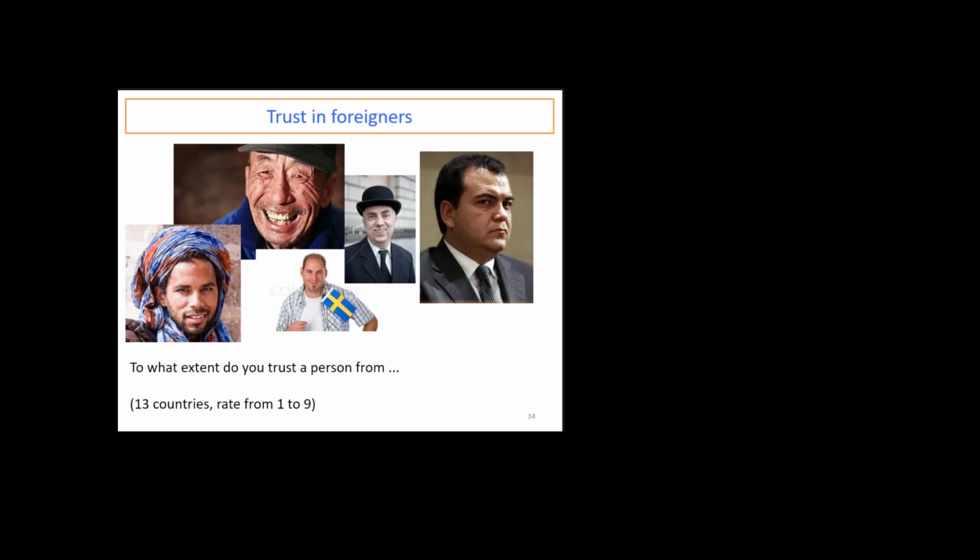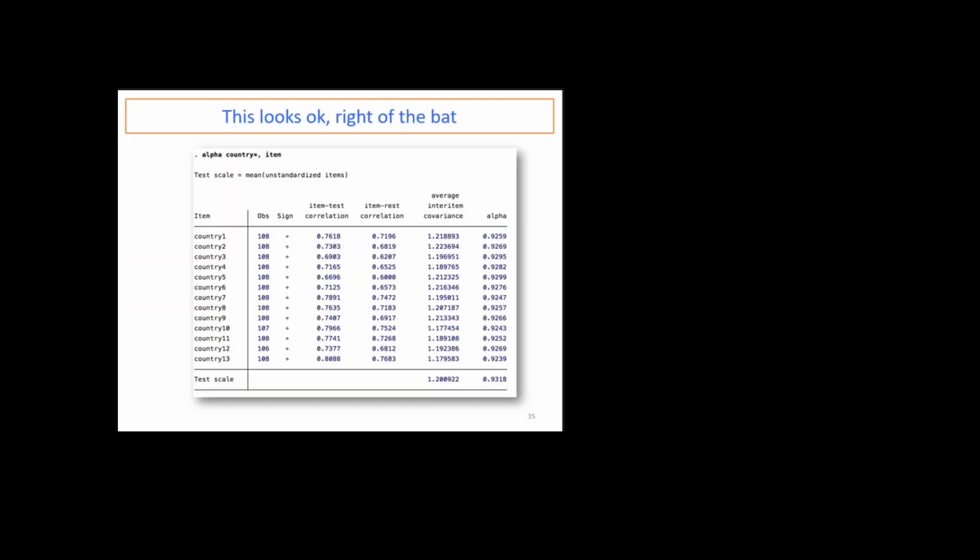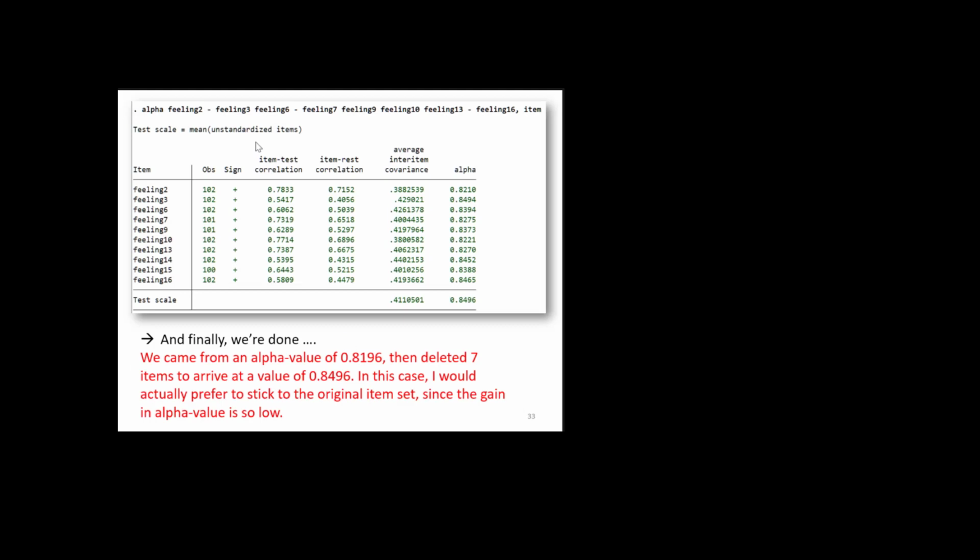There was also another scale in your questionnaire, and that was about trust in foreigners. Well, if you look at this, I see that only the plus signs are left over, so maybe it's in the way questions are formulated. Yeah, that's interesting.